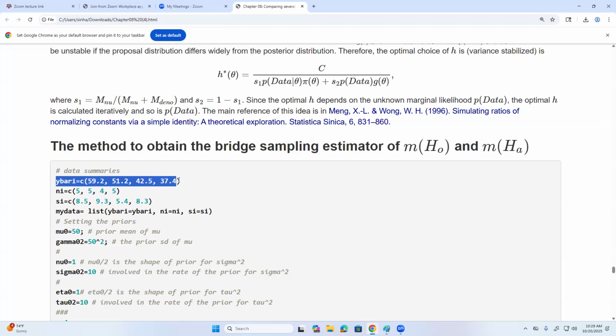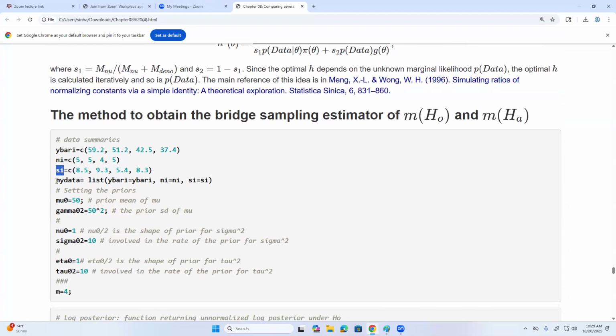So this is the summary of the data. Summary means Y bar, the number of observations from every group, and S_i, the sample standard deviation. You create this as my data; it should be a list. And these are the prior parameters: mu 0, gamma 0 square, which is the prior variance.